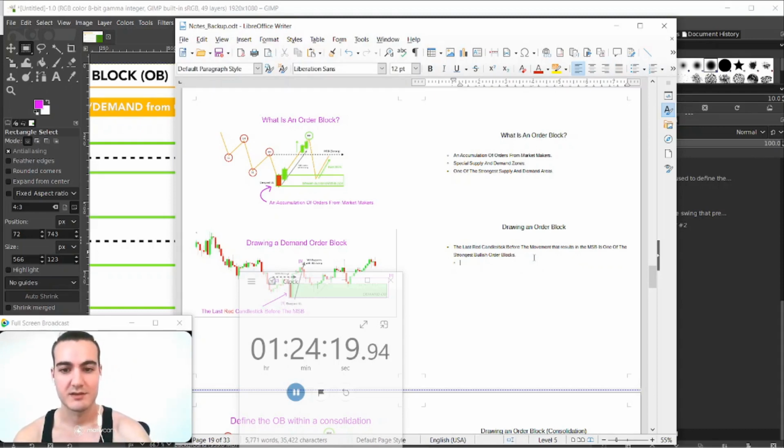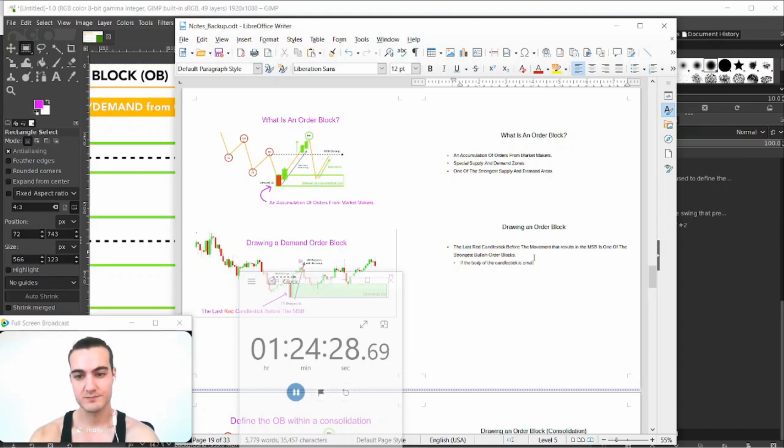Sub-note for that: if the body of the candle is small, then the wicks may... okay.